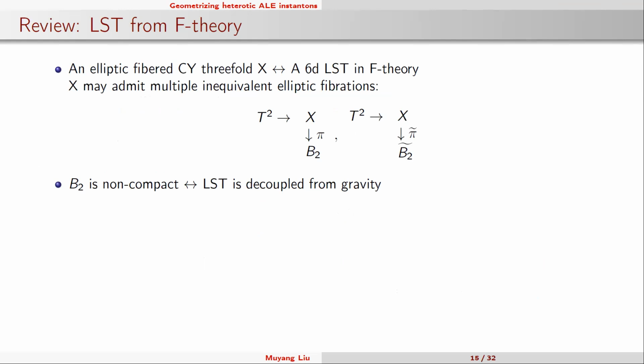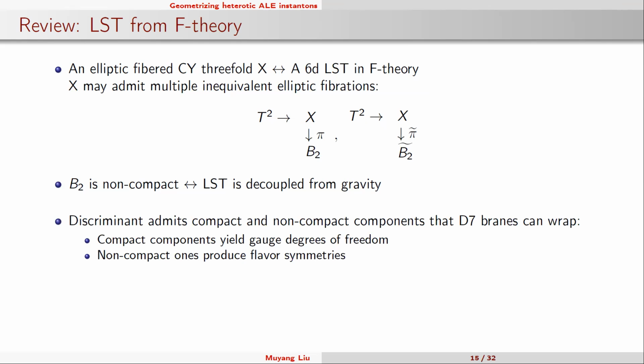Namely, we use the elliptic fiber Calabi-Yau threefold to describe the 6D Lagrangian series. And of course, this threefold can admit multiple inequivalent fibration structures. And the base of the fibration structures is non-compact, which reflects the fact that the Lagrangian series is decoupled from gravity.